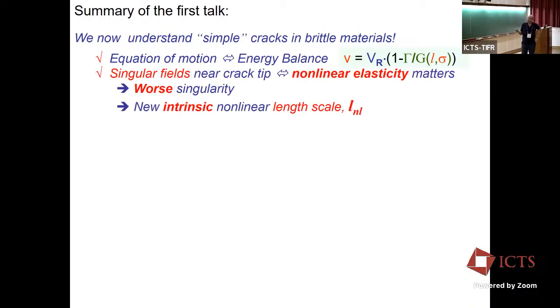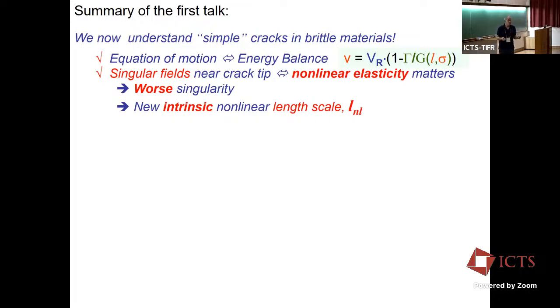Okay. Then we looked more closely at the structure of the singular fields at the tip of a crack. And we found that if we look back, we saw that the assumptions that lead to fracture mechanics, there was a contradiction because fracture mechanics assumed that all of the deformations are small, so linear elasticity is valid. But as you get near a stress or a strain singularity, obviously this fails.